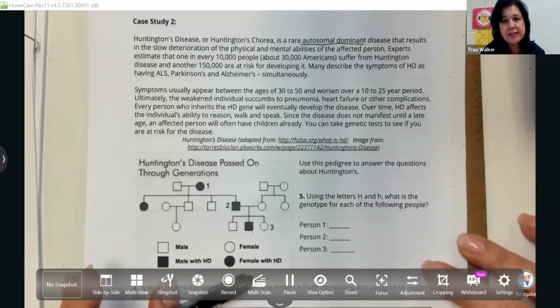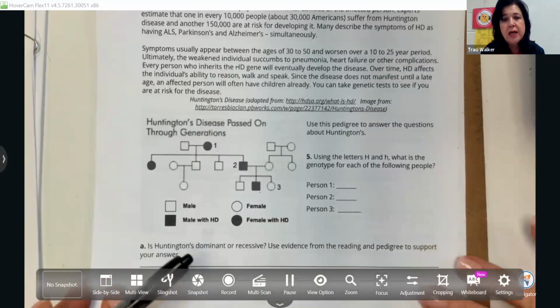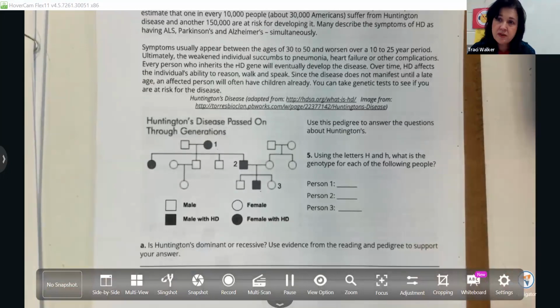So you can take genetic tests to see if you're at risk for the disease. So this is a really good example of how pedigrees can be helpful for people. Because if you have a disease like this running in your family, you really would like to know if you could possibly have it, because a lot of times people don't develop symptoms until they're 50 years old.